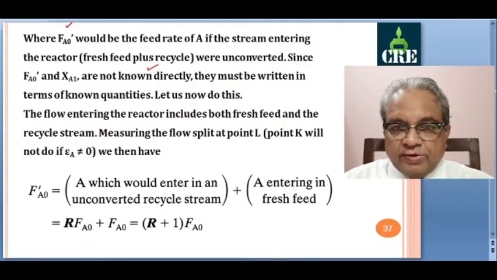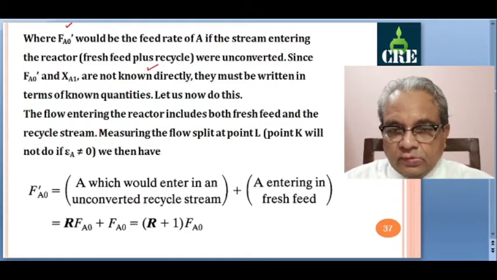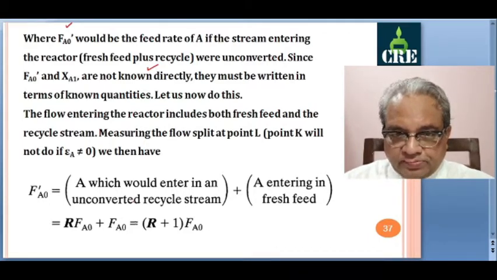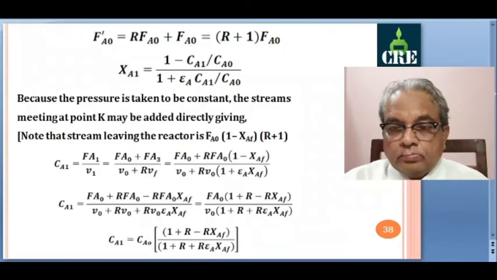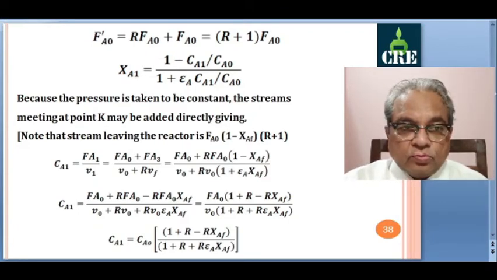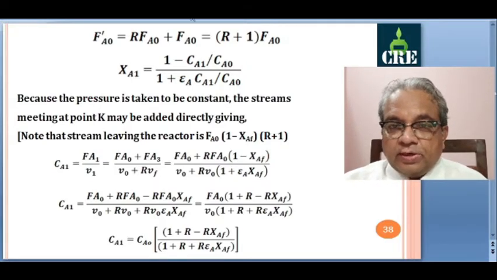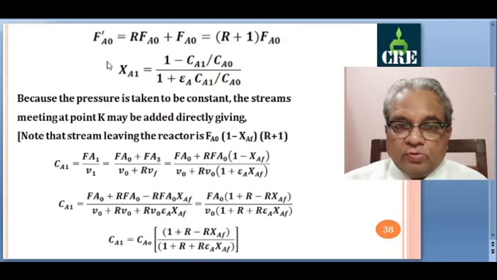So we have defined FA0 prime, which is the stream entering the reactor. It will have some molar feed rate entering our reactor. FA0 prime is equal to R FA0 plus FA0. This we have already defined, and this can be written as (R plus 1) into FA0.